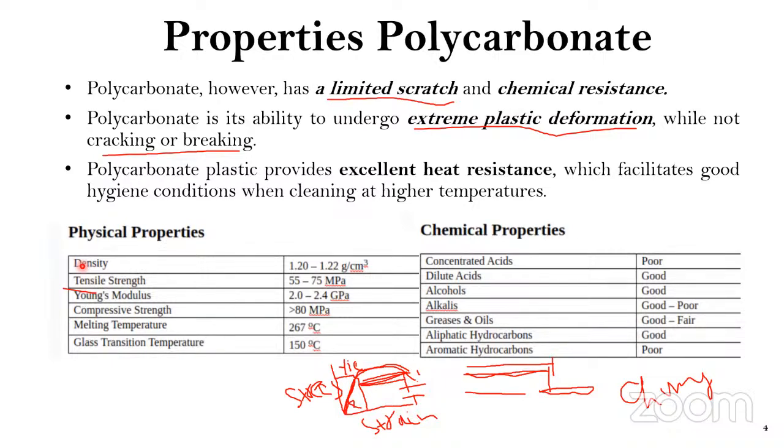The density of your PC is generally in the range of 1.2 to 1.22 gram per centimeter cube. The tensile strength will be 55 to 75 megapascal.